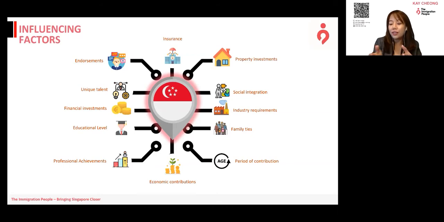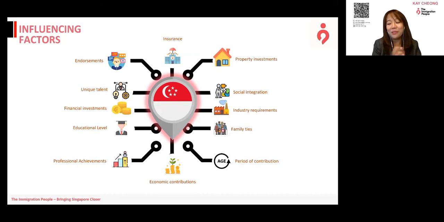Let's start straight at one of the most important things, age. A lot of people think when you're slightly older, you have no chance, okay, because you have a very short period of contributions. Now, we have helped someone 63 years old, after 20 years staying in Singapore, making his very first attempt, and he got his PR approved. Okay, so why is this happening?